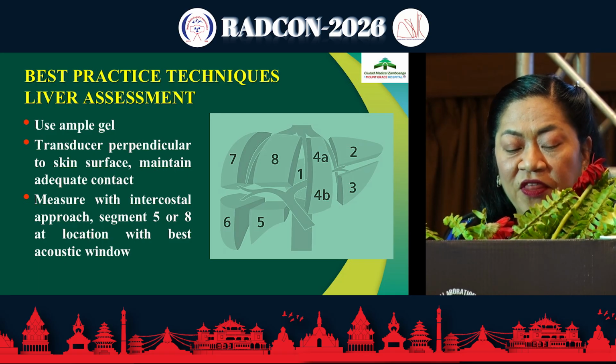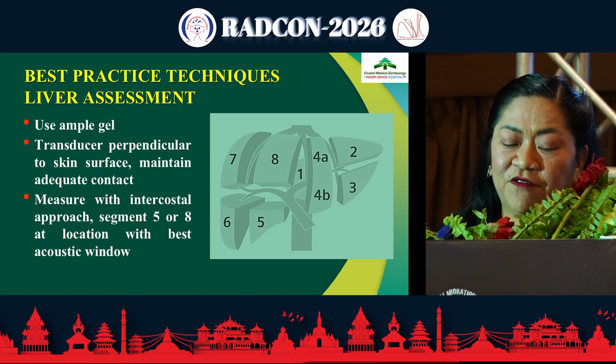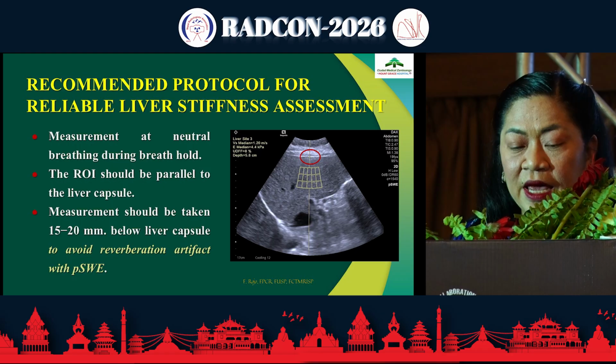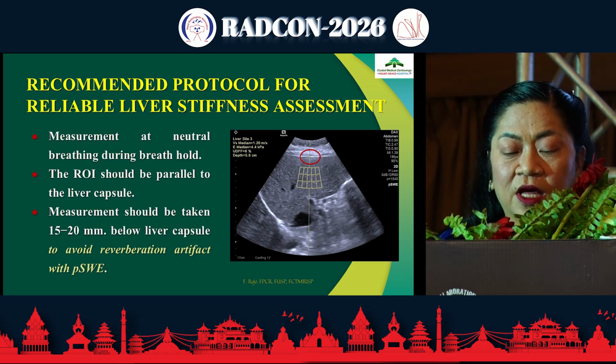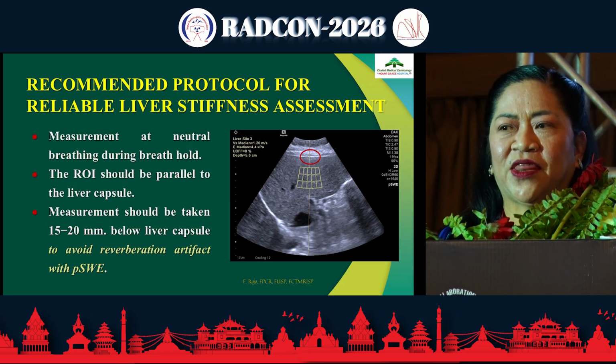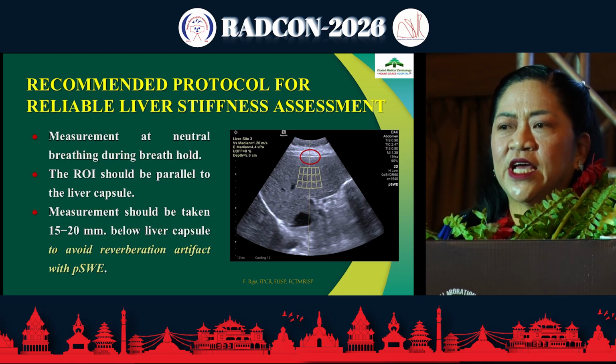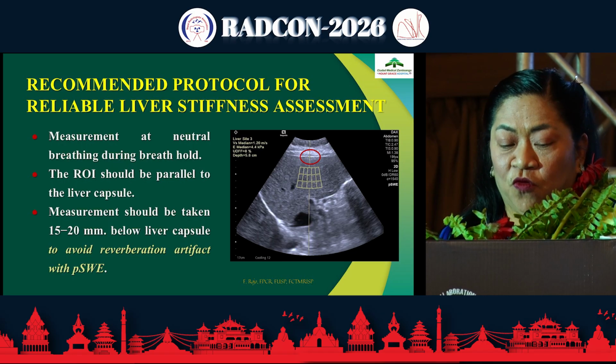You measure with an intercostal approach, and this usually reaches segments 5 and 8. And you measure at neutral breath hold, meaning you just tell them, okay, hold your breath. So they don't take a deep breath nor move.